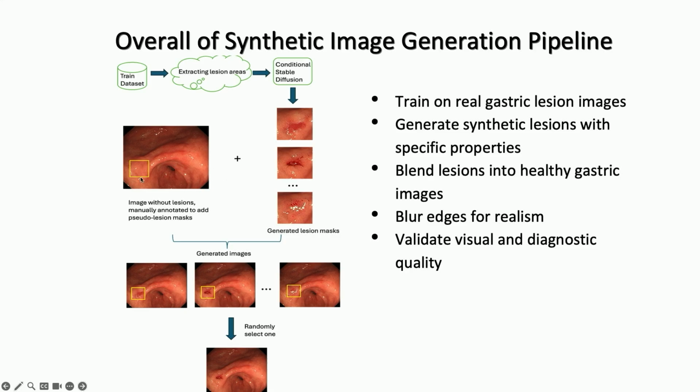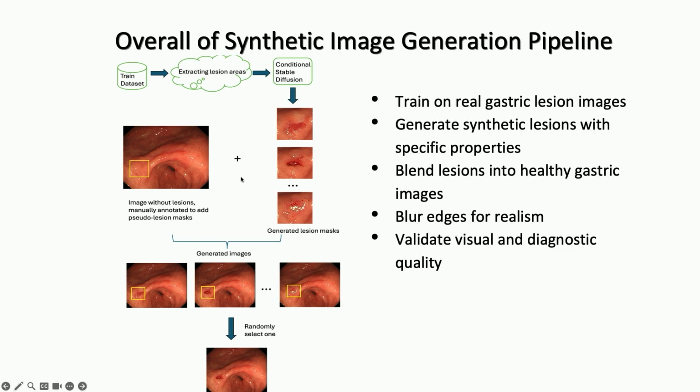So we focus on the local patch of the image. In our pipeline, we first crop all the lesion parts and use them to train our diffusion model.